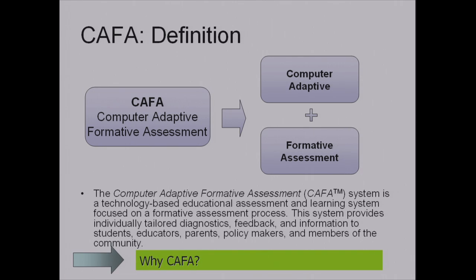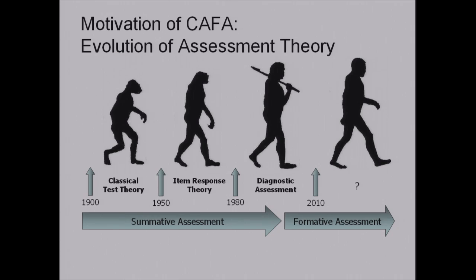Probably it's very nice to explain this Cafa system from motivation first. Why do we have to develop this Cafa system? First of all, in theory, there's some evolution of assessment theory. 1900 to 1950, we call it the classical test theory era.